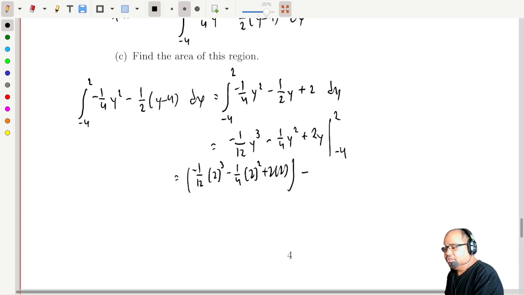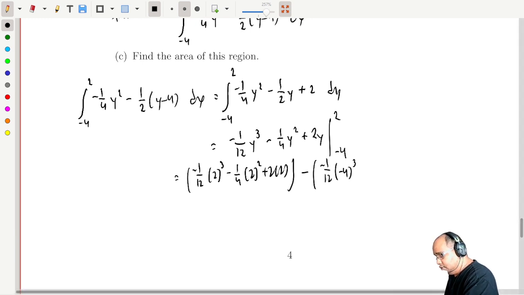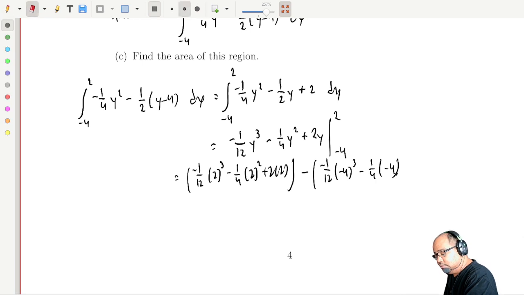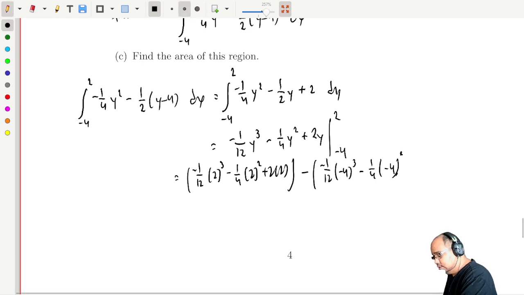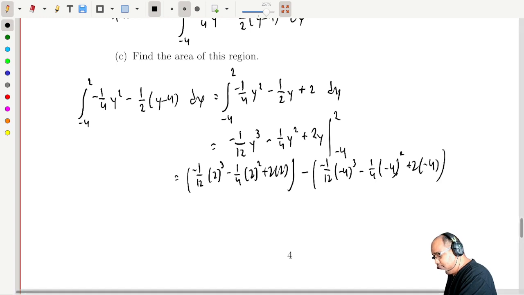And now we plug in the lower limit here. So that's going to be minus 1 over 12 times negative 4 cubed. Note the parentheses there. Minus 1 over 4 times negative 4 squared, then plus 2 times negative 4.